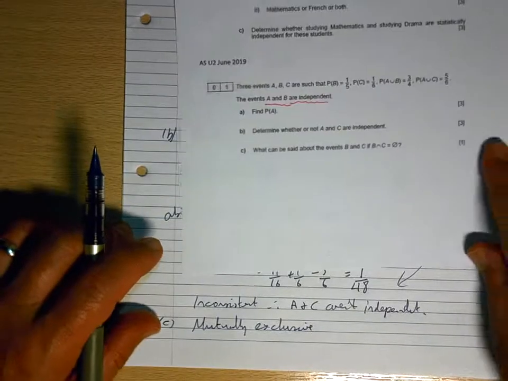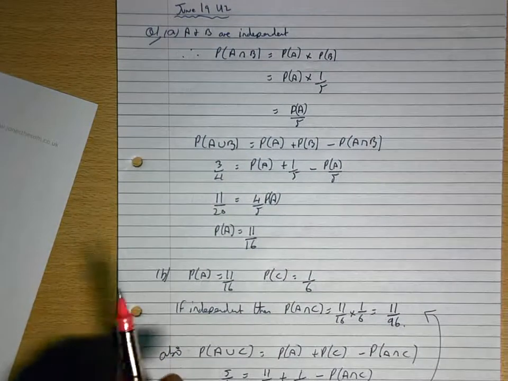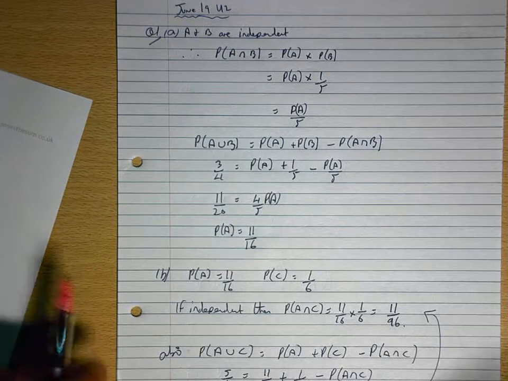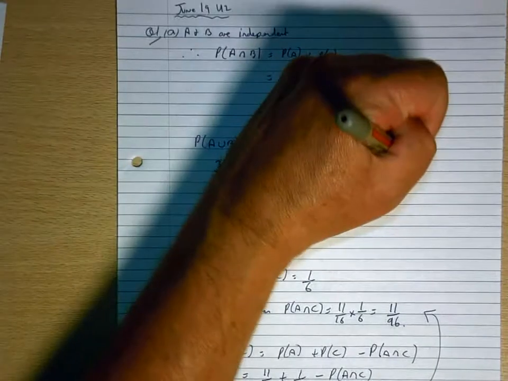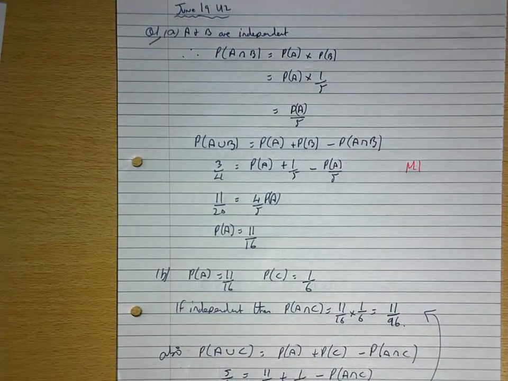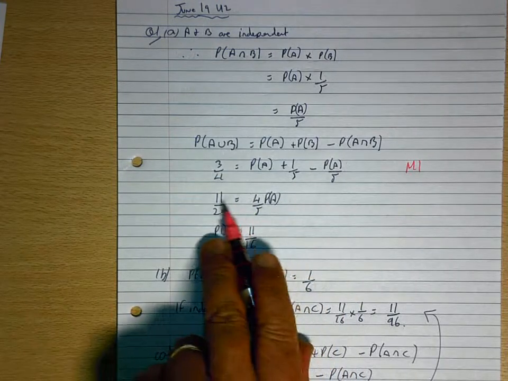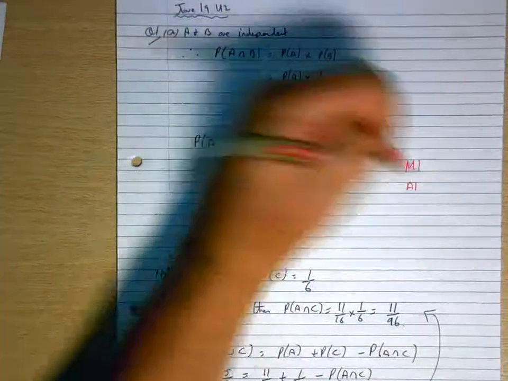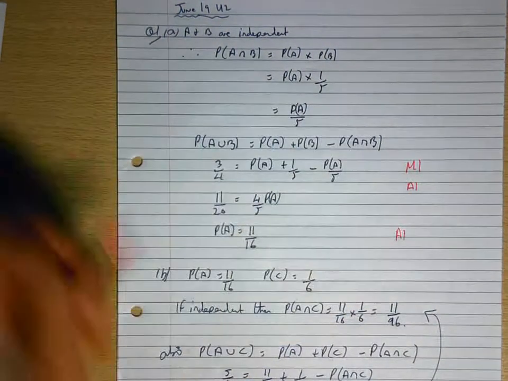Okay, so there's 6 marks overall for that question, and the way the marks were allocated in the actual exam paper is, for the first one, there's a method mark for correctly applying the general addition rule. There's 1 mark for correctly substituting everything in, and there's 1 mark for getting 11/16 out of it.